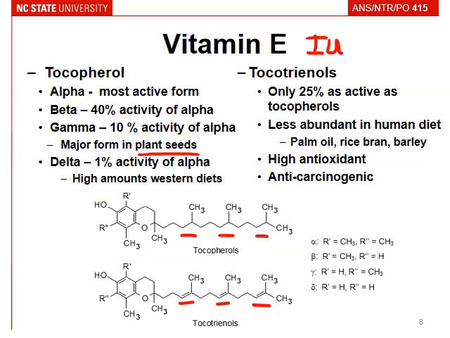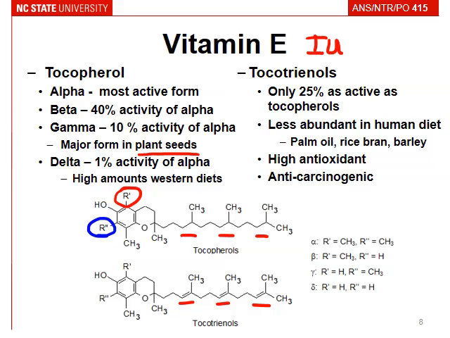And here, if you want to see the differences, we have the different R groups. So for our alpha, R prime is going to be a methyl group up here. And for our R double prime, it's going to be another methyl group. Compared with our beta, we're going to have a methyl on R prime and a hydrogen.